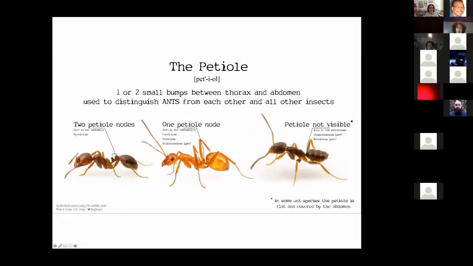This one is called the myrmicine ants, and it's a huge group of ants. It has many of the common species that we have here, and they have two little bumps, the petiole and postpetiole. Then we have the formicine ants that have only one little bump, only one petiole.